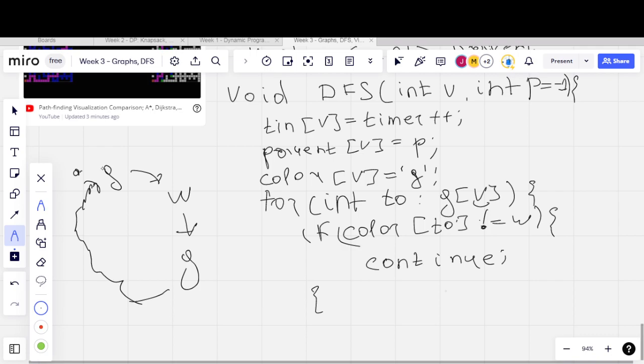It means we are located in recursion, and it means we found a cycle, and we just skip this vertex.